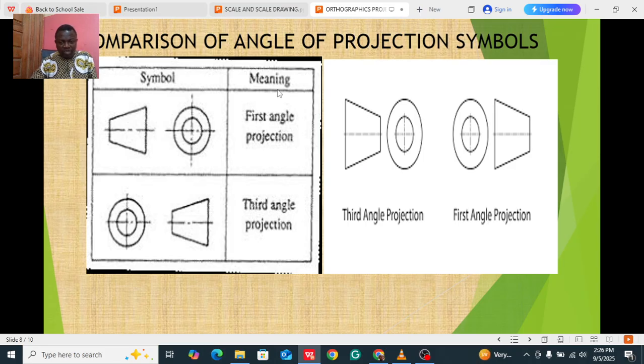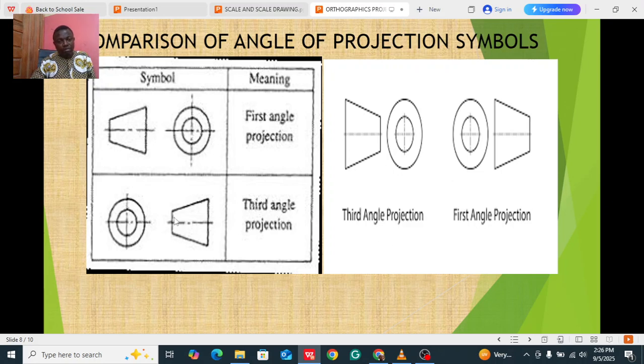Now let's compare the two so that we will not get confused. The comparison of the symbols: this is first angle projection, this is third angle projection. Both symbols have concentric circles and a trapezium. But I told you in first angle projection, the longest length, more or less the base of the trapezium, is the one that is close to the concentric circles.